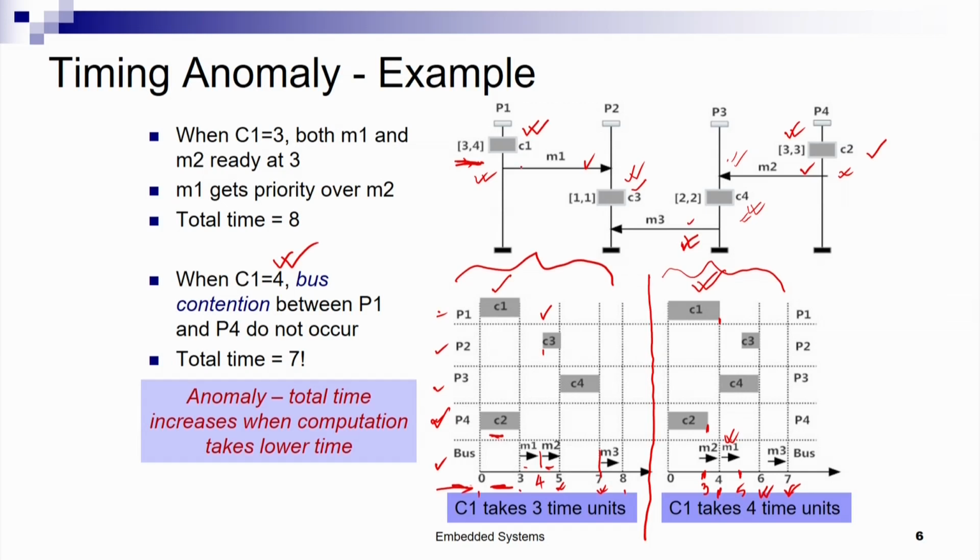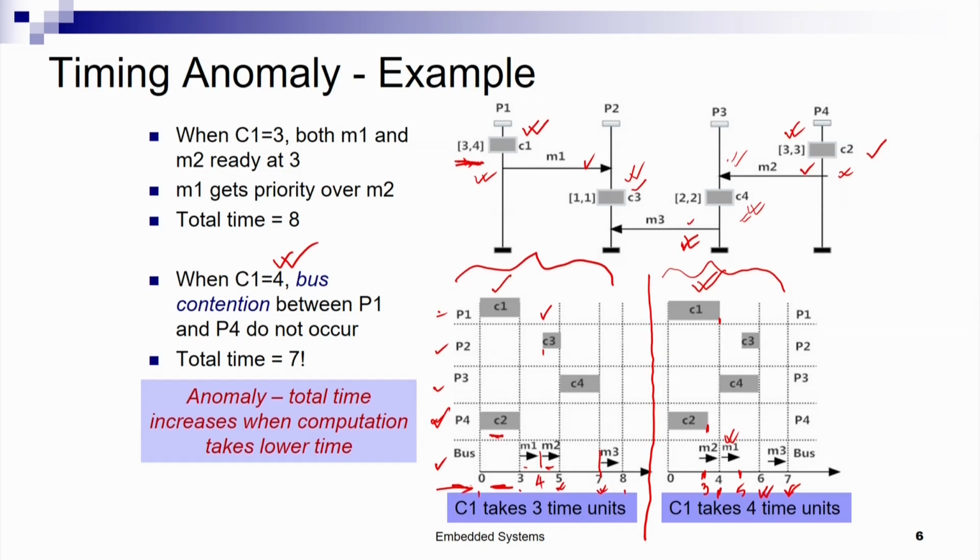So, when C1 takes 3 time units to execute, the overall time required by the embedded system to complete this process is 8 time units. However, when C1 takes less time to execute, the whole process takes 8 time units, which is more amount of time. When C1 takes more time, then the entire process takes less time to complete.